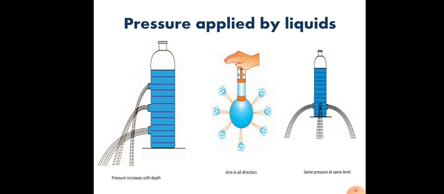Whereas in the last case, when the holes are made at the same height, the pressure is equal in all directions. Hence, at the same depth, the pressure is equal in all directions. Whereas in the second case, the pressure in an enclosed vessel is transmitted equally in all directions, undiminished.